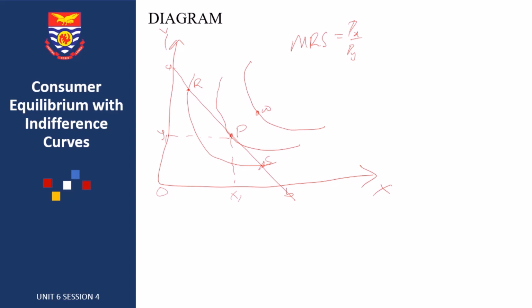Recall that from the previous session we said MUx over Px should be equal to MUy over Py, up to the last commodity, say commodity N. So here what we are saying is we can either do this, or we'll say the MUx over MUy will be equal to Px over Py.